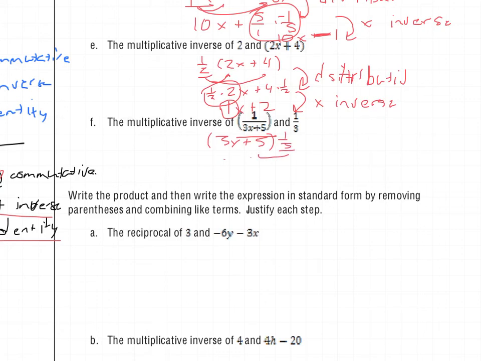So again, this distribution gives me 1/3 times 3 over 1x times 5 times 1/3. This is multiplying reciprocals. That gives me 1x plus 5/3. So again, same thing. In this particular case, we're using distributive property and then the multiplicative inverse.